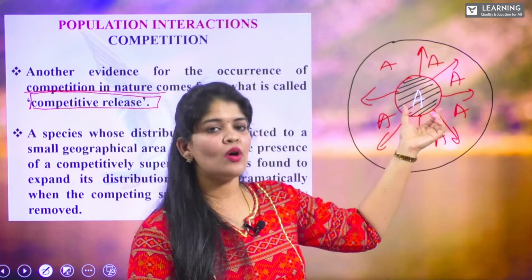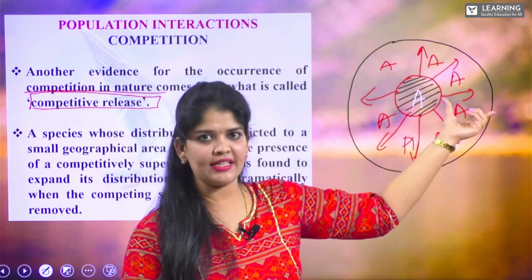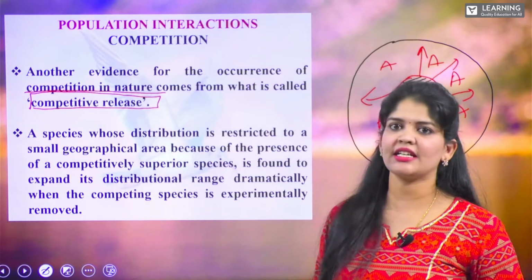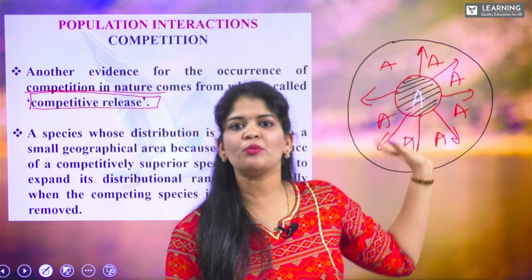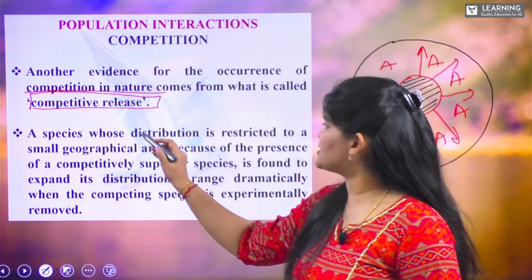Now, as B is experimentally removed from the surrounding area, the spread is very, very fast. That is what we call competition release. We are releasing species A from competition by removing species B. Look here, a species whose distribution is restricted.